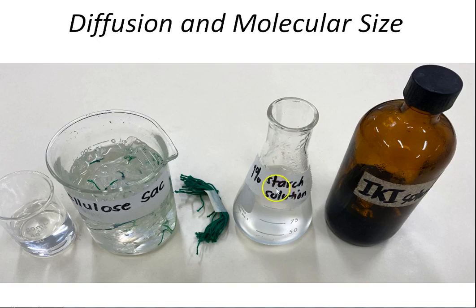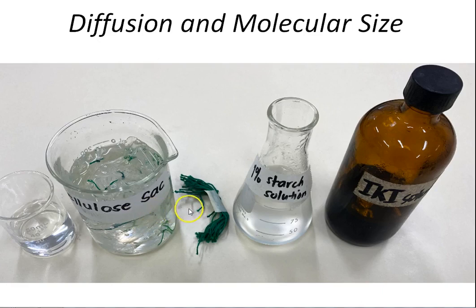After we have placed the 1% starch solution in our cellulose sac, we secure the other end of the cellulose sac with another strand of tie, so that our starch solution will not escape. Now, make sure to rinse the outside of the cellulose sac so that there will be no traces of starch outside the cellulose sac.